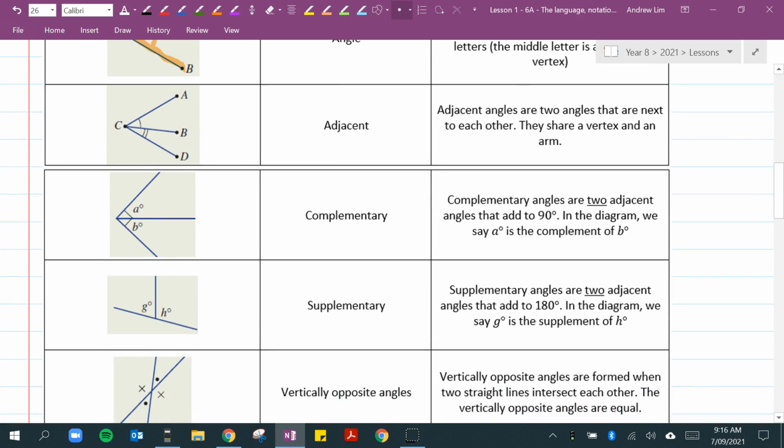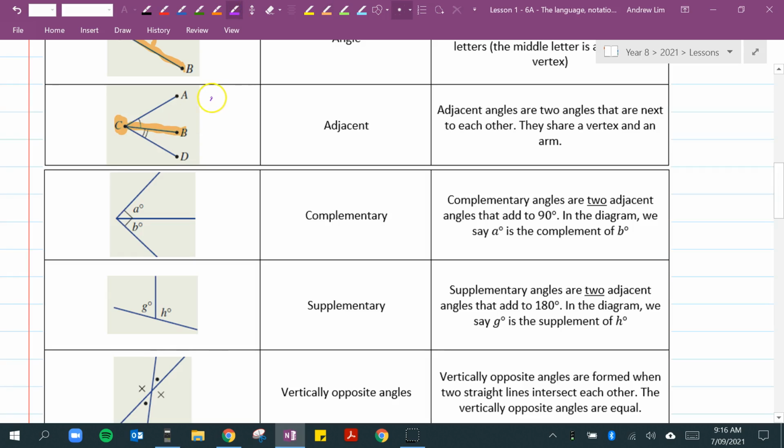Okay, adjacent. The word adjacent means next to. So adjacent angles are two angles that are next to each other. They share a vertex and an arm. So here we can see that they share the vertex and they share a common arm. They share that one.